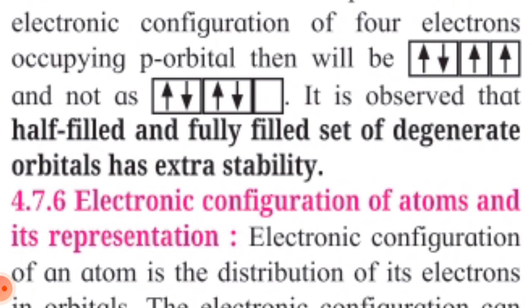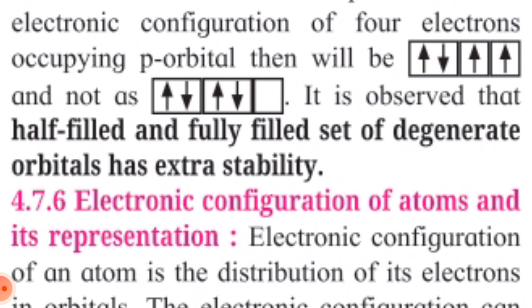It means each orbital should be filled by one electron. If an extra electron remains, then it should be filled from the first position where one electron is already present, and not in this way. It means the first orbital shouldn't get two electrons while others are empty.